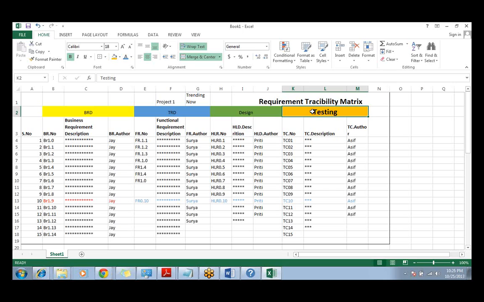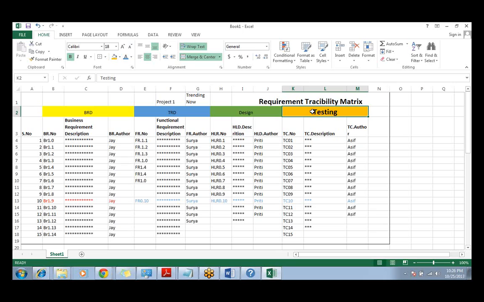Did you get the answer? So shall I say requirement traceability matrix is all about business requirement documenting, and then technical requirement documenting, designing and testing? It is all about it.